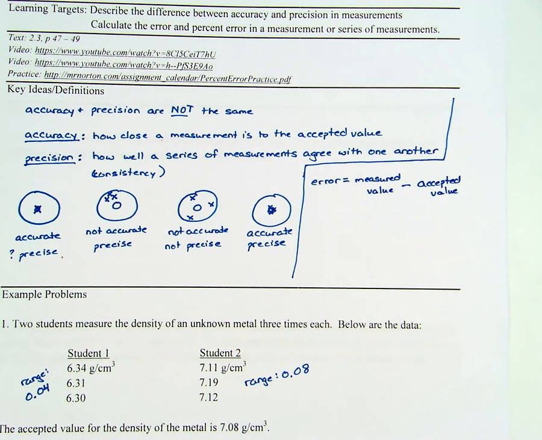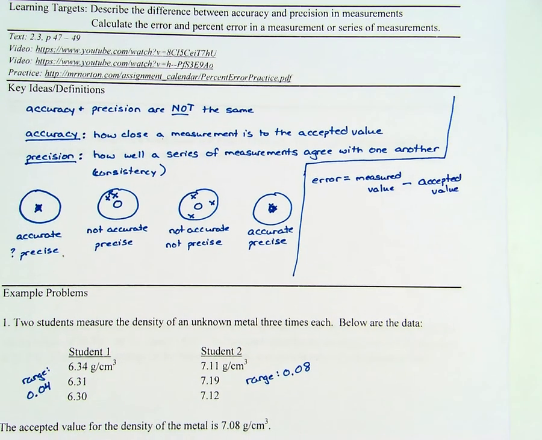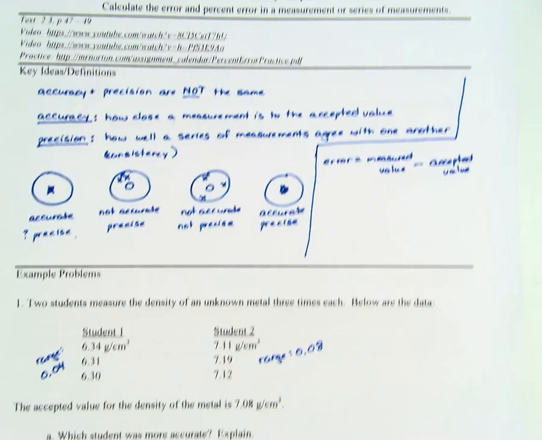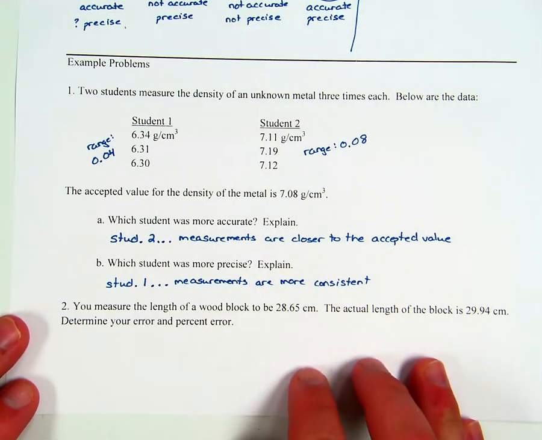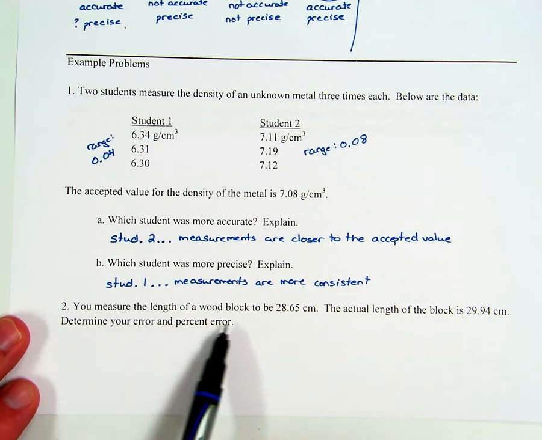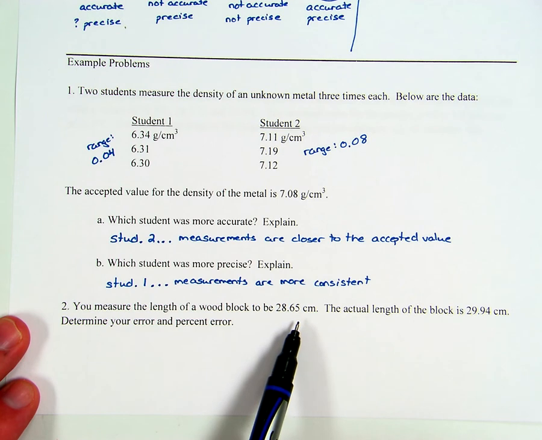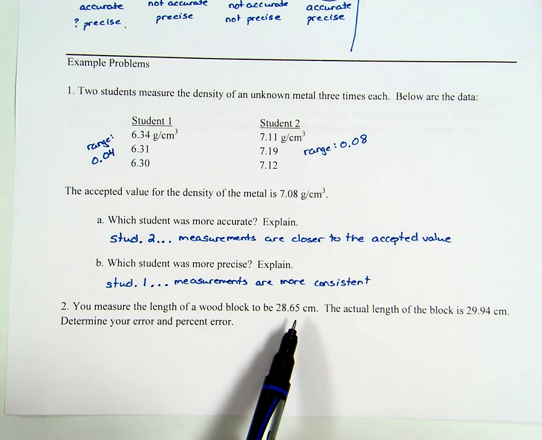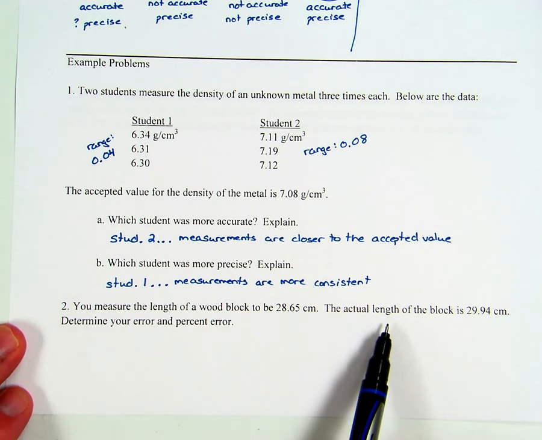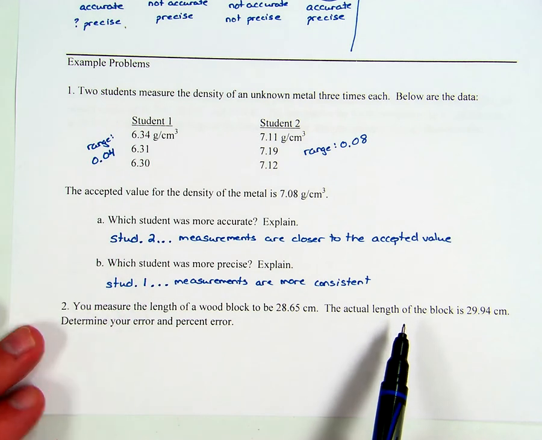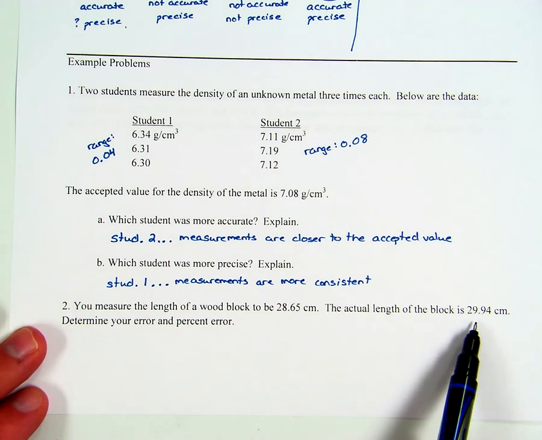Let's jump down here and take a look at example problem number 2, because we're asked to calculate an error. It says you measure the length of a wood block to be 28.65 centimeters. That's what you measure. That is your measured value. The actual length, or the accepted value, if you will, of the block is 29.94 centimeters. You're asked to determine your error and percent error.